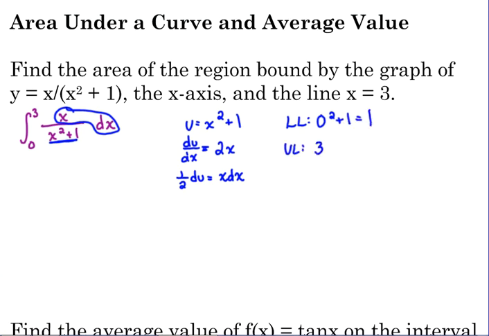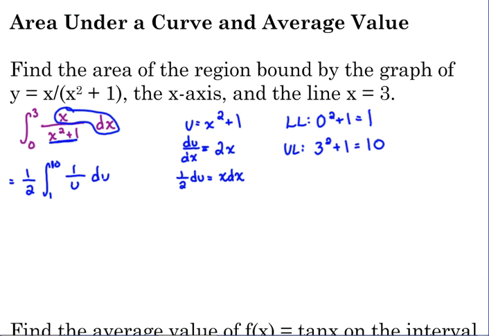Our upper limit, plug in 3 squared plus 1, so our upper limit is 10. So when we substitute everything, we have a 1/2 in front, the integral from 1 to 10 of 1 over u du. Any questions about what I've done so far?